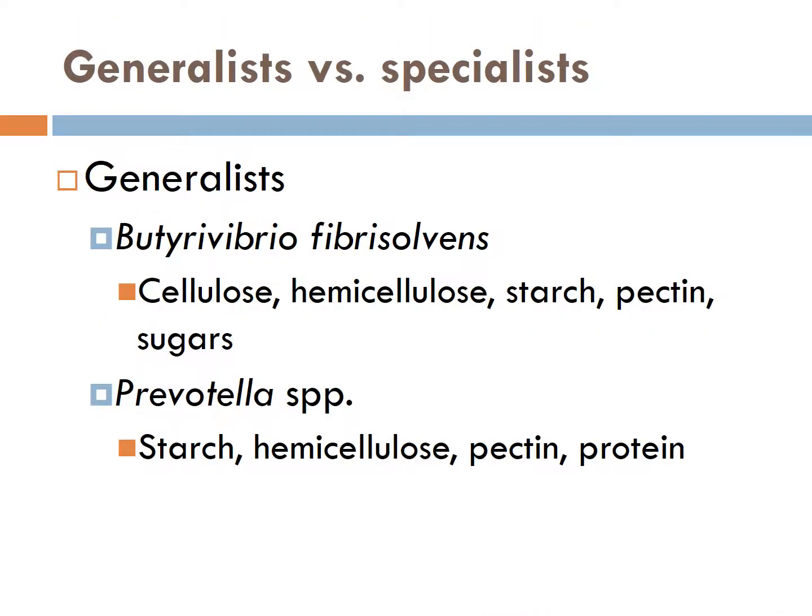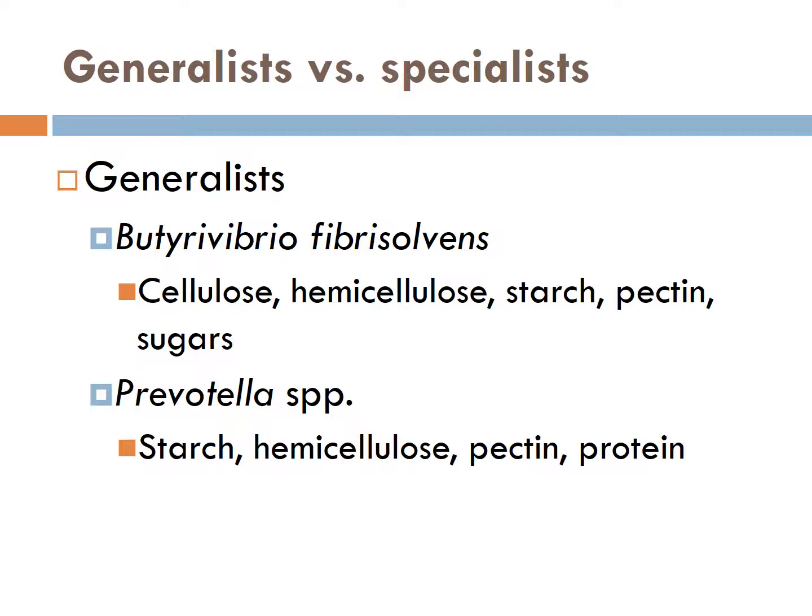In the rumen, there are both generalists and specialists. Generalists are species like Butyrivibrio fibrisolvens that utilize cellulose, hemicellulose, starch, pectin, and sugars, and the Prevotella species which use starch, hemicellulose, pectin, and protein. We've discussed these bacteria piecemeal.